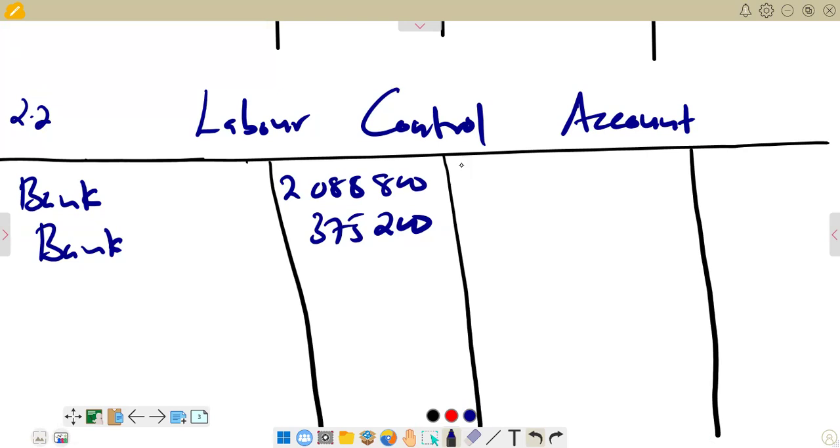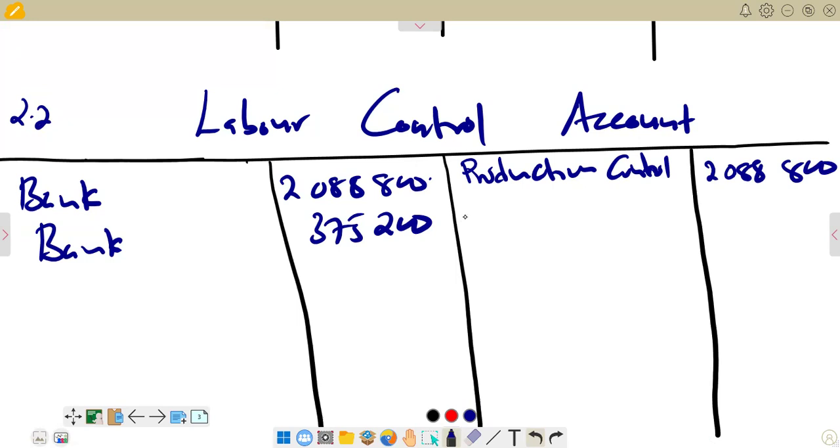So we're going to say production control, and the amount that we have there is 2 million. We're just going to transfer this figure, 2,088,800. And then obviously we transfer again 375,200.